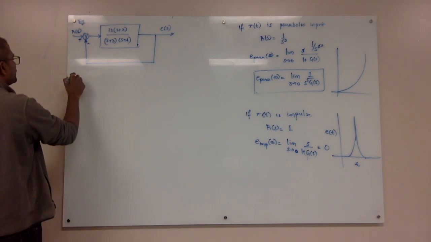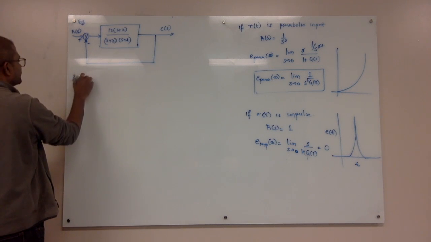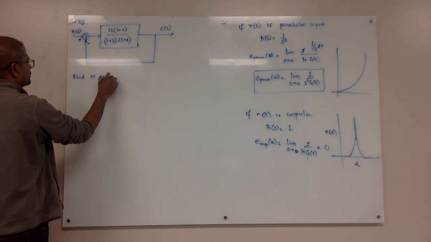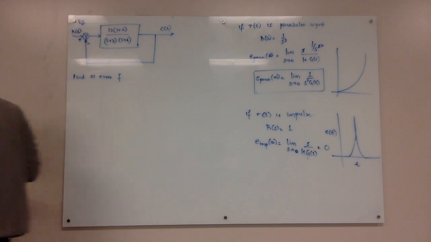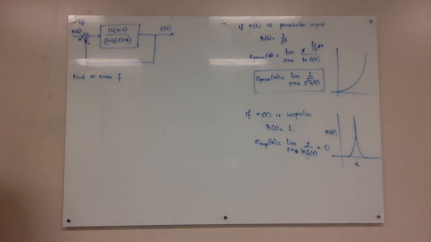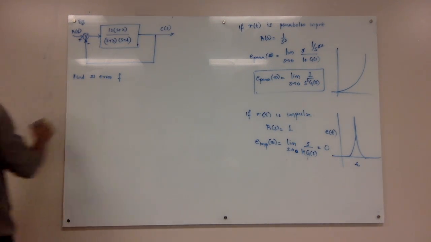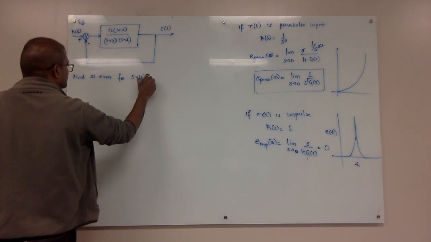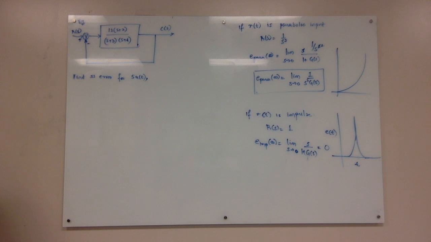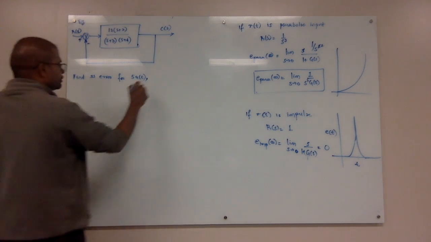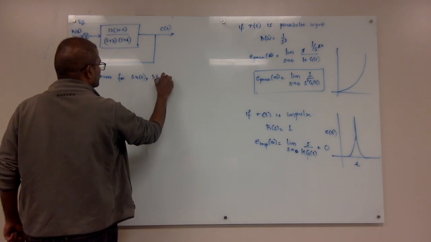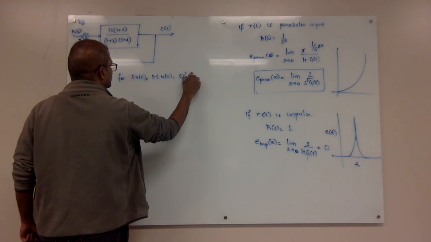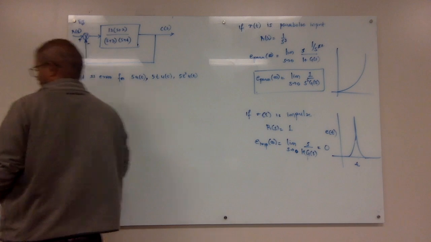Okay, so if I ask you to find the steady state error for 5 u(t), 5t u(t), 5t squared u(t).